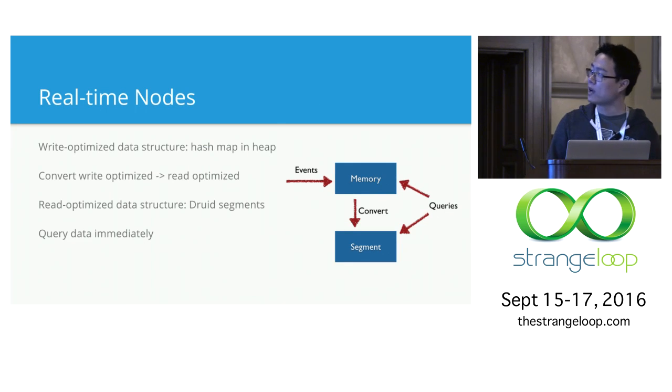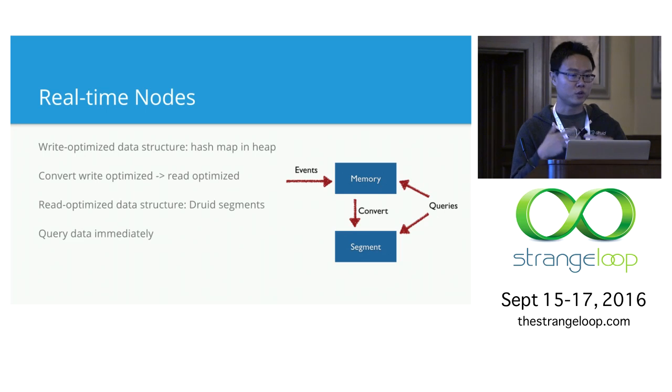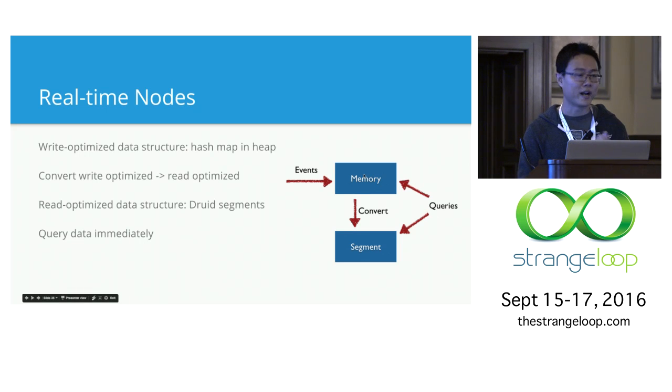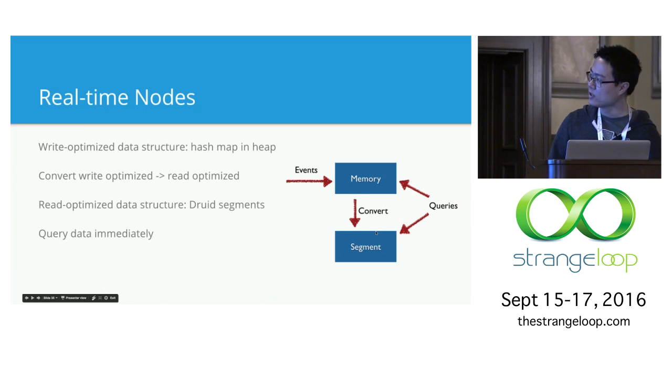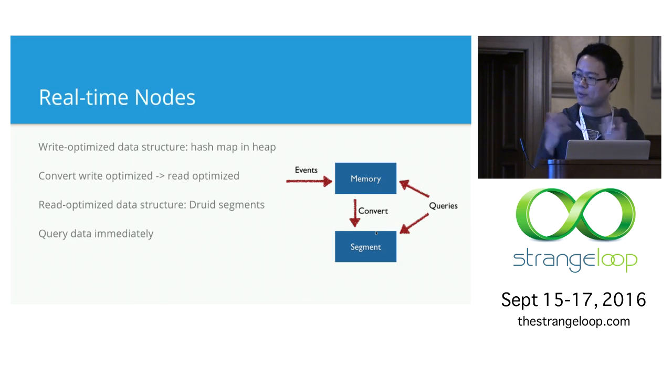Druid also supports real-time ingestion or streaming ingestion. The high level behind how streaming ingestion works in Druid is you have two different data structures: a write-optimized data structure and a read-optimized data structure. If you recall what I said before, segments are immutable. But Druid has to support writes because you have to get data in somehow, right?